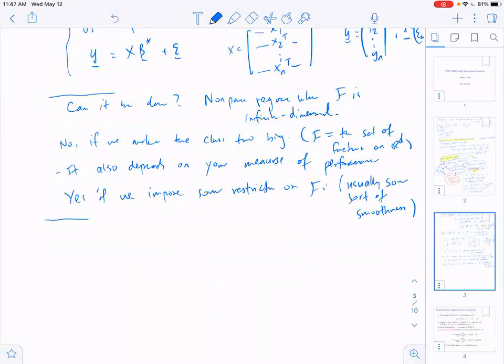This is an interesting point to have in mind: what we are trying to solve is actually an interesting problem. You're trying to estimate an infinite dimensional object based on a sample of size n, and depending on the measure of performance and the class F that you choose, this may or may not be possible. Okay, questions so far?